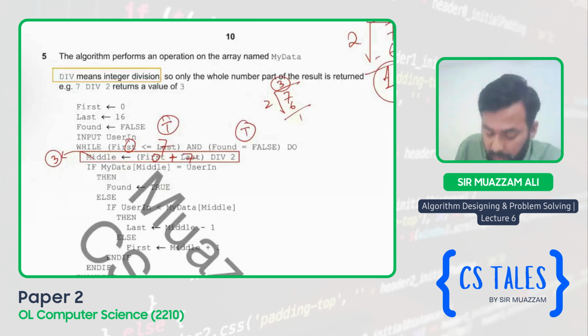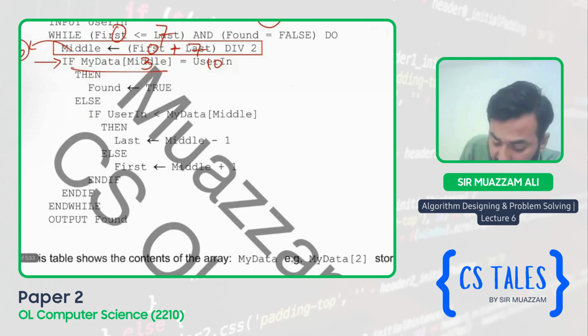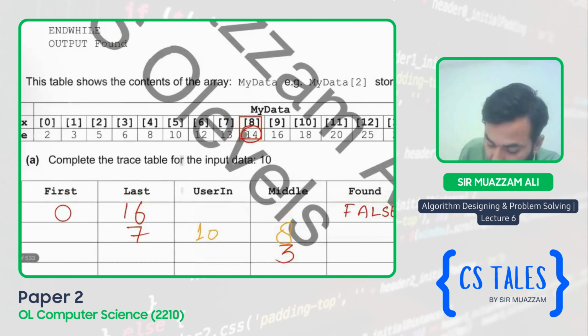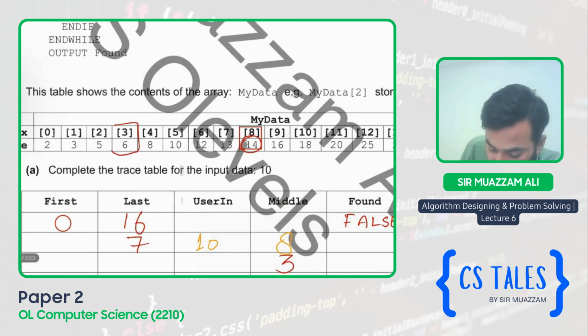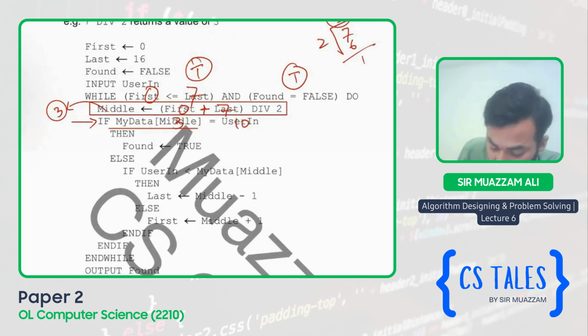After that, you will check the if at this line: my data middle, what is in middle? This is 3, is it equal to 10? What is in my data 3? Check it out. My data 3 is 6. So you have to write down over here 6 is equal to 10.